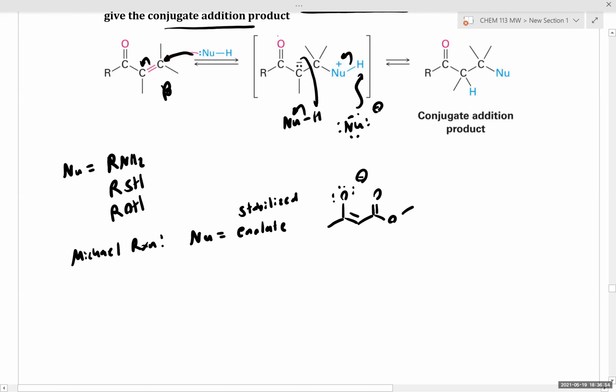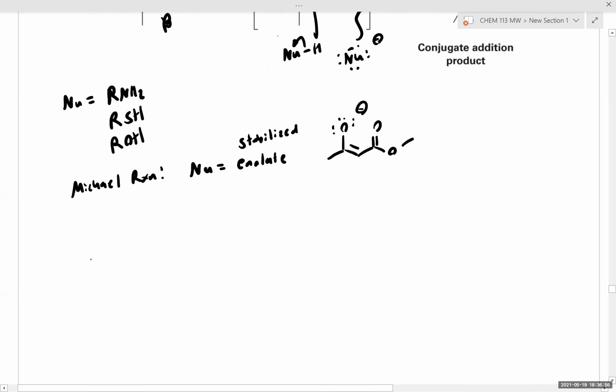Okay, so let's show the mechanism for that. So suppose we have our beta ketoester derived enolate, and we react it with an electrophile such as methyl vinyl ketone.